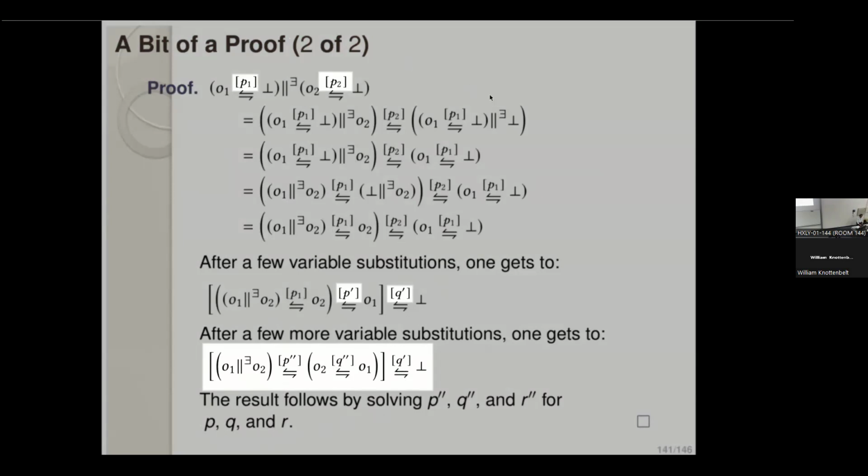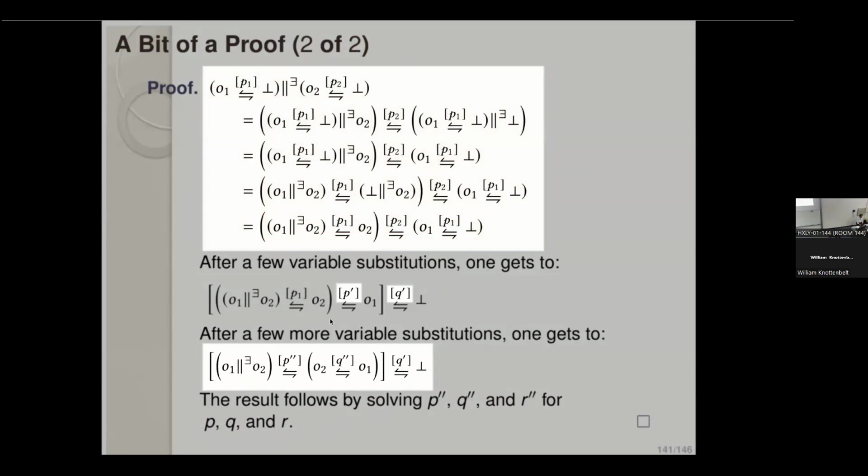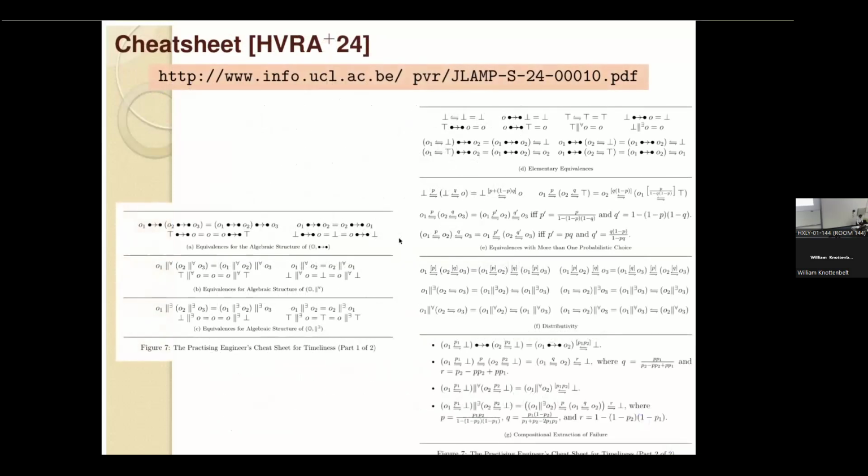Now you notice that here we used a lot of lemmata, and we used variable renaming and variable substitutions later on. So with those, we have a cheat sheet. This is in our JLAMP submission. There are two cheat sheets shown here.